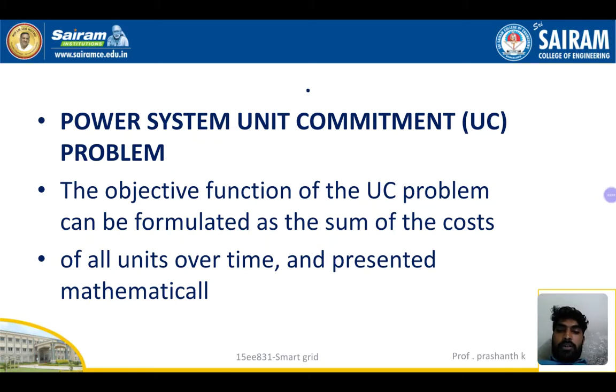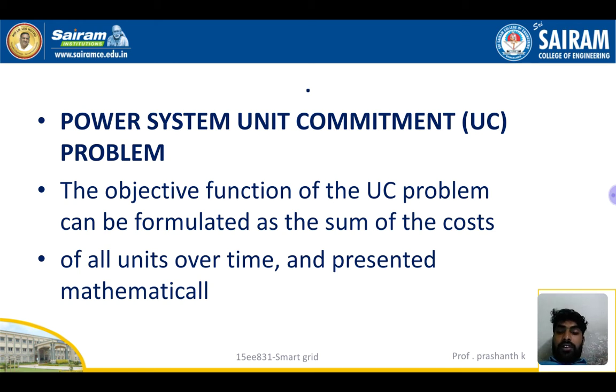Let us discuss module 5, power system unit commitment (UC) problems. The objective function of the UC problem can be formulated as the sum of the costs of all the units over time, and presented mathematically.